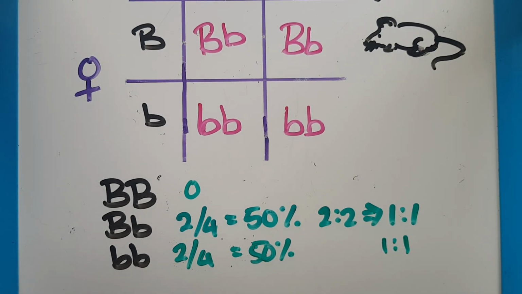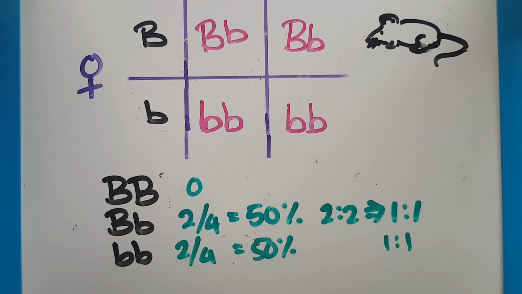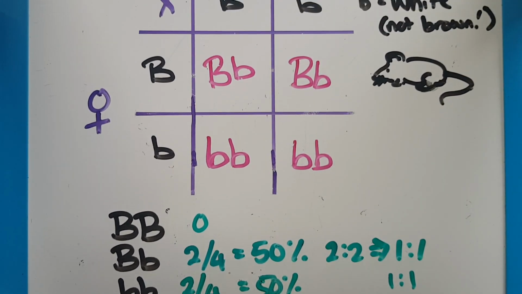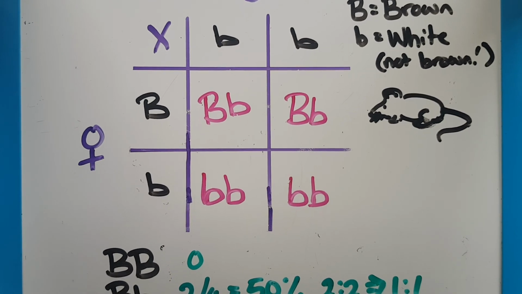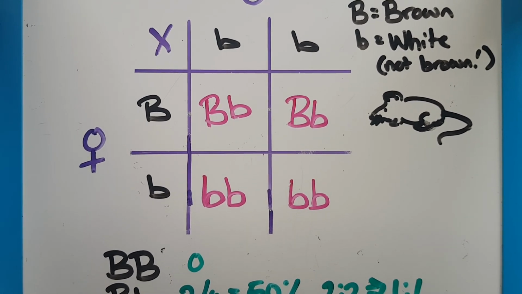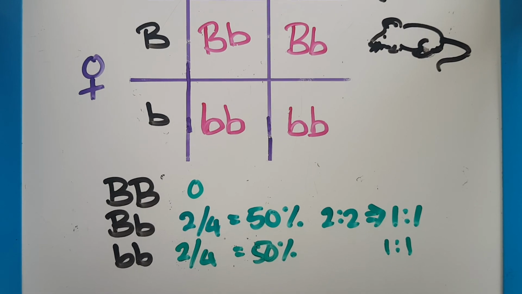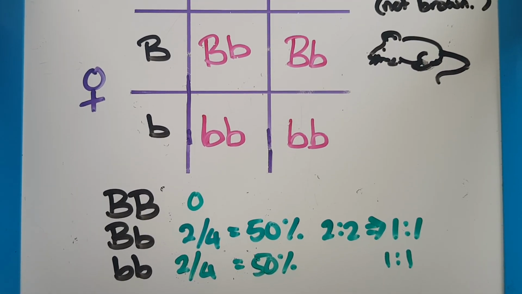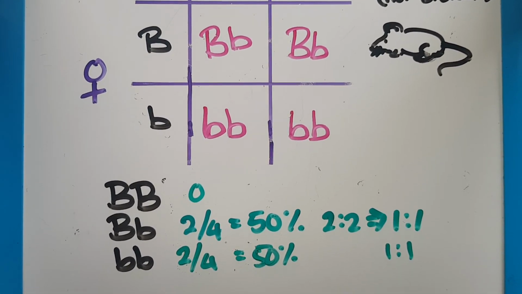So there's a 50% chance every time these 2 mice have offspring, there is a 50% chance of each one of them being brown and carrying the allele for white. So there is a 50% chance of them being brown and a 50% chance of them being white. So if they did have enough offspring, we would expect to see that ratio of 50%, or 1 to 1. One brown for every 1 white offspring.